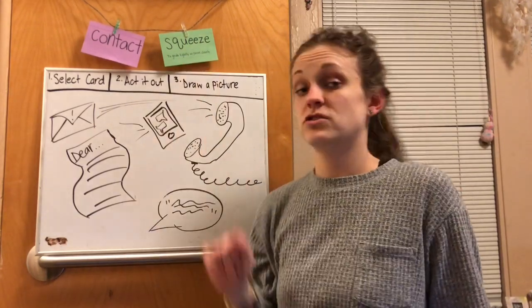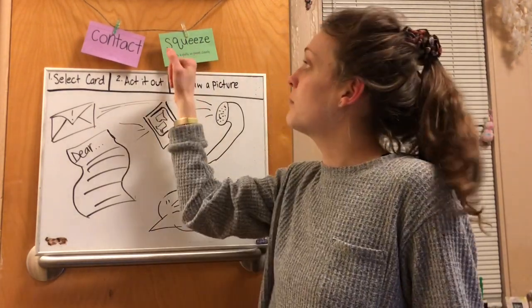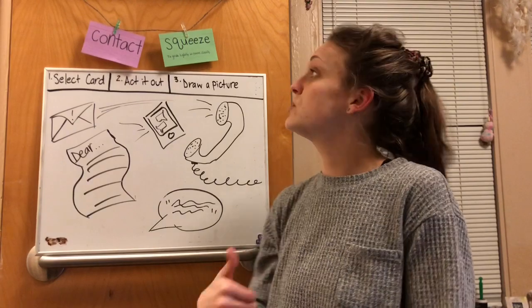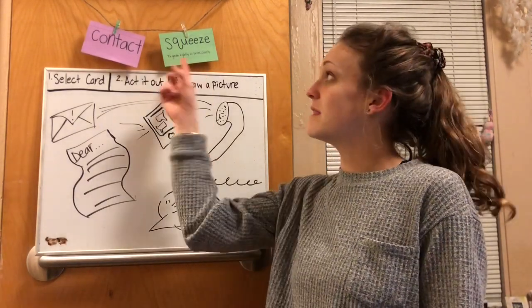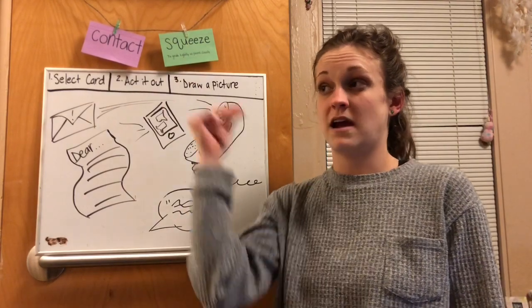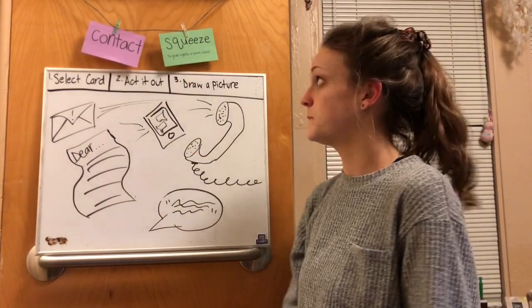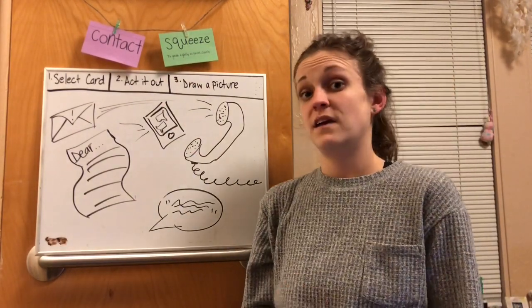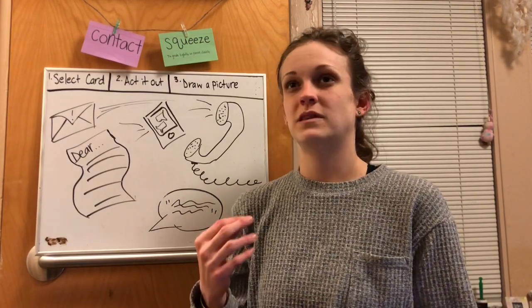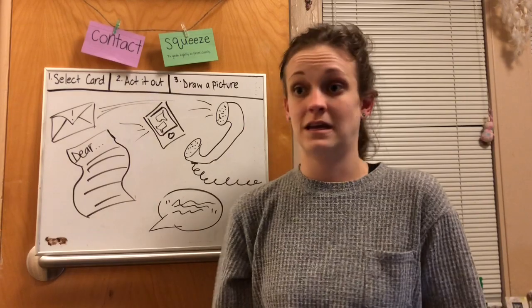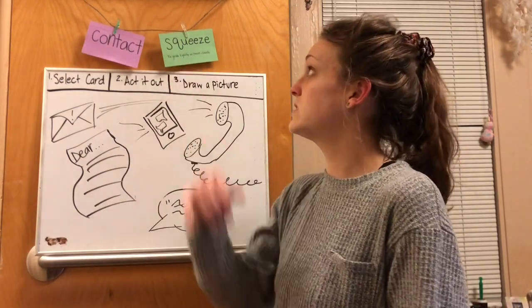But if they're having trouble reading the word squeeze, they might look at the definition, to grab tightly or press closely. That may trigger their recognition of the word squeeze.